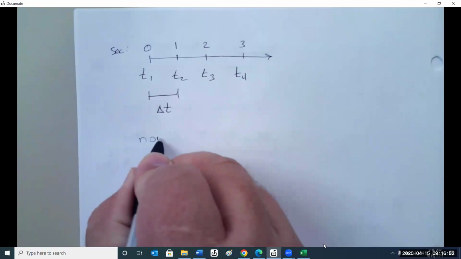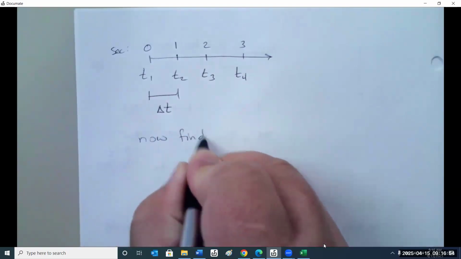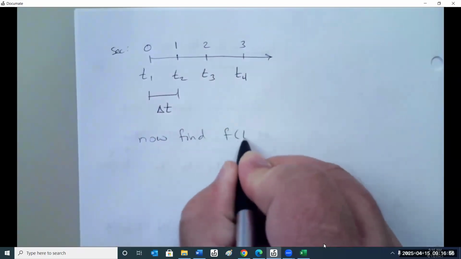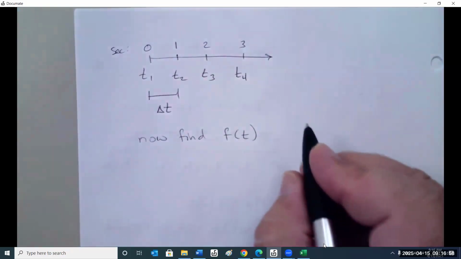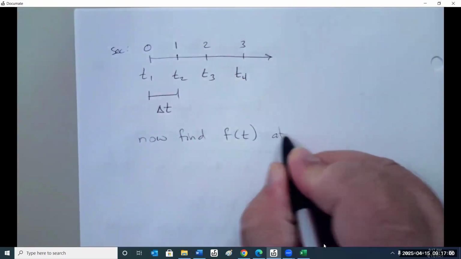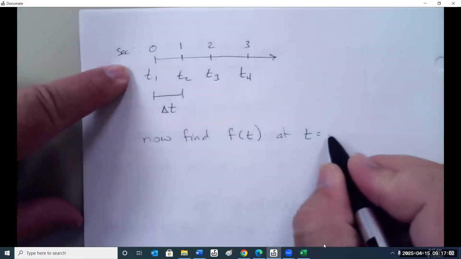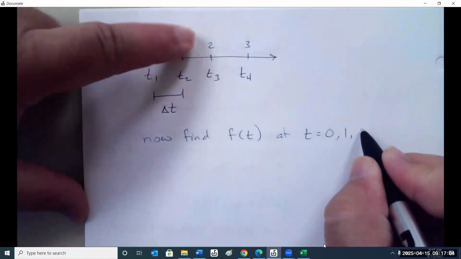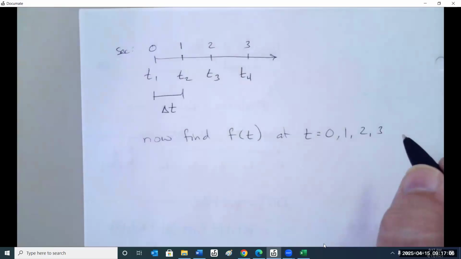Now find f of t at t equals 0, 1, 2, and 3.